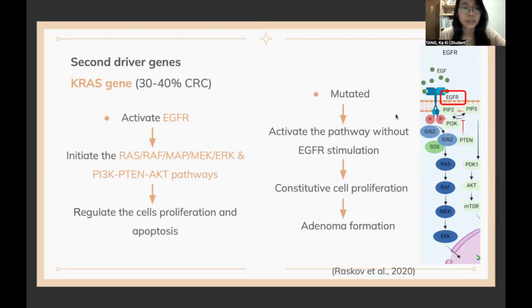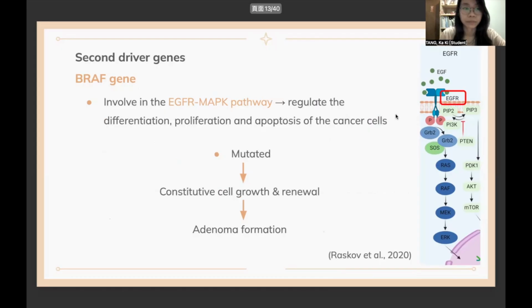Mutated KRAS produces defective KRAS proteins, which can activate the signaling pathway without EGFR activation and cause cell proliferation and finally the adenoma formation. The BRAF gene is also involved in regulating cell differentiation, proliferation, and apoptosis. Mutation of the BRAF gene also contributes to the adenoma formation.